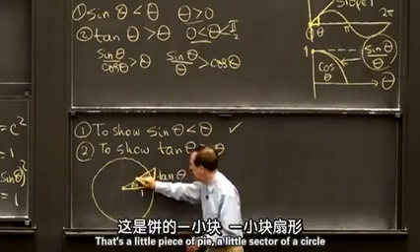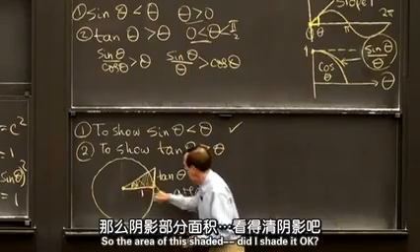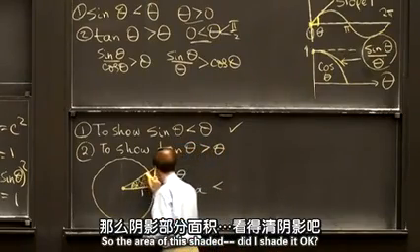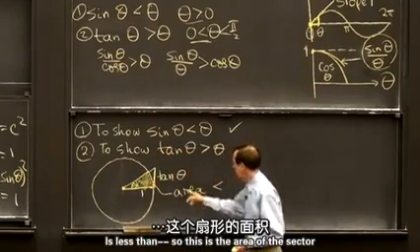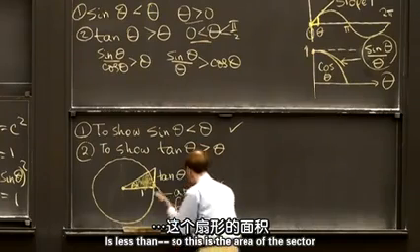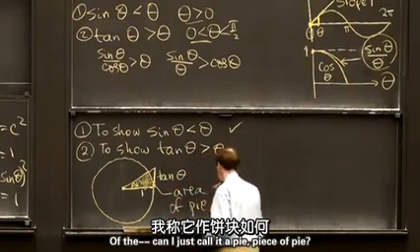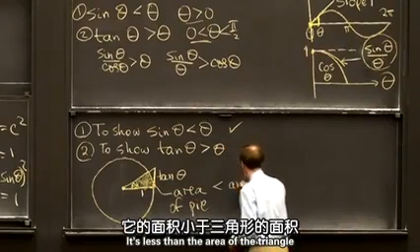That's a little piece of pie, a little sector of a circle. So the area of this shaded, did I shade it okay? Is less than, so this is the area of the sector, can I just call it the piece of pie, is less than the area of the triangle.